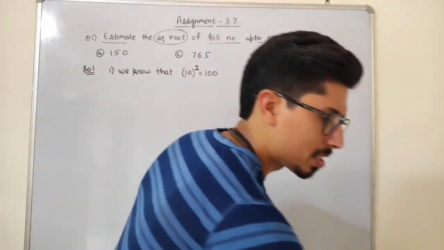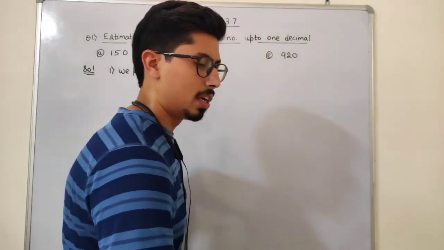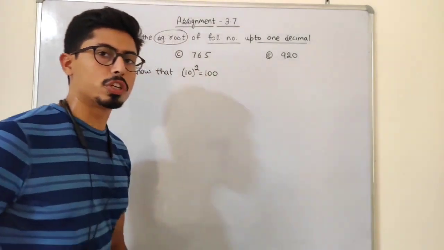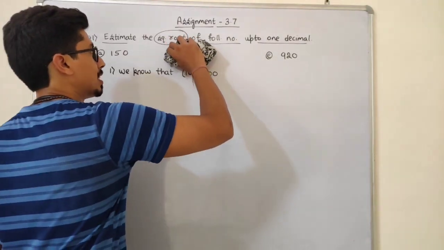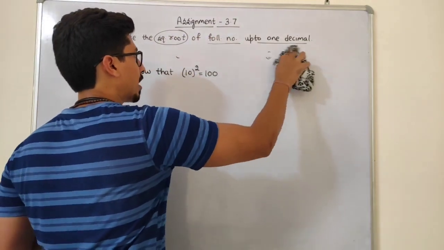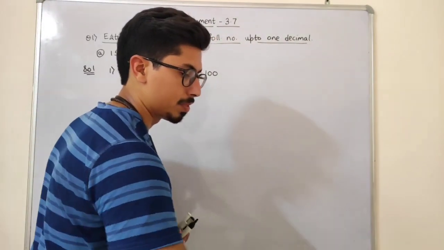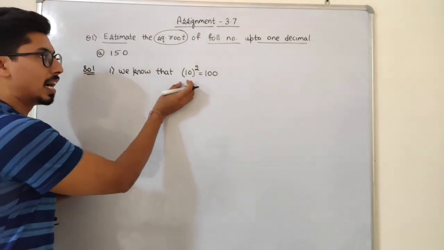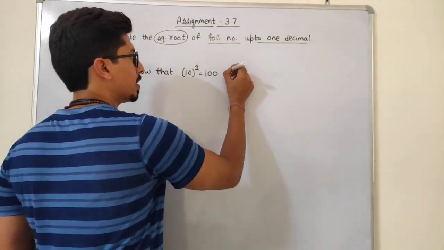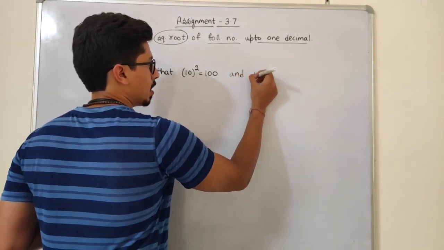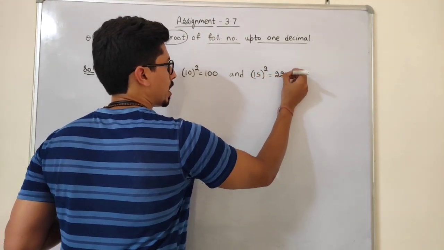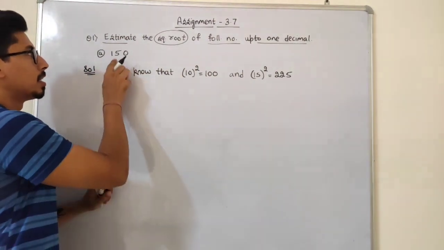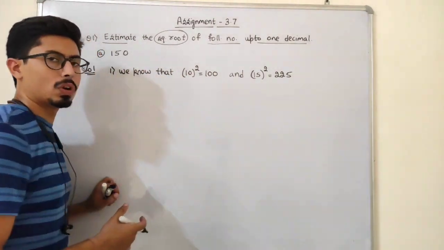Let me rub out the other two parts, the C part and E part, so that there is no confusion. So we know that 10 squared is 100 and 15 squared is 225, and 150 lies between these two numbers.